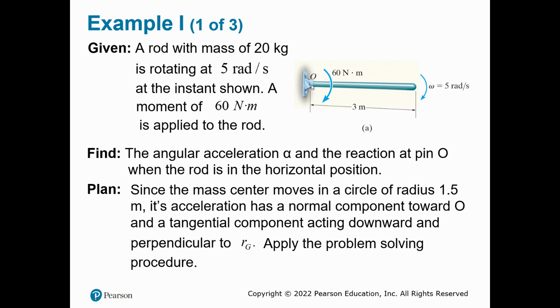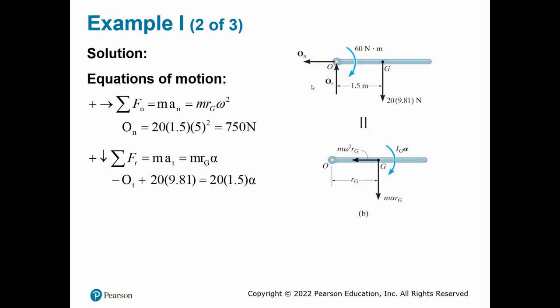We also have a moment of 60 Newton meters applied to the rod. We're looking for the angular acceleration alpha and the reaction at point O when the rod is in the horizontal position. So at that moment, with the pin support, you have two directions of support reaction.